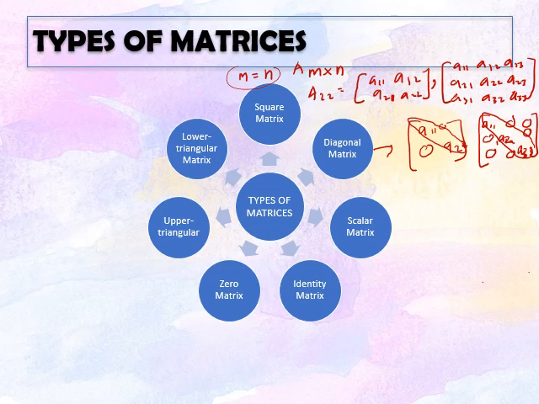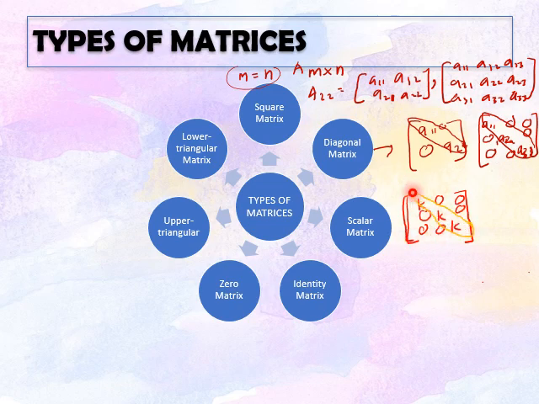But we have a uniform value on the diagonal. So the diagonal should be k, k, and k. It's a diagonal matrix, but the value of the diagonal is the same, whether it's 3, 3, 3, or 2, 2, 2, or 1, 1, 1, or negative 1, negative 1, negative 1, but not 0.